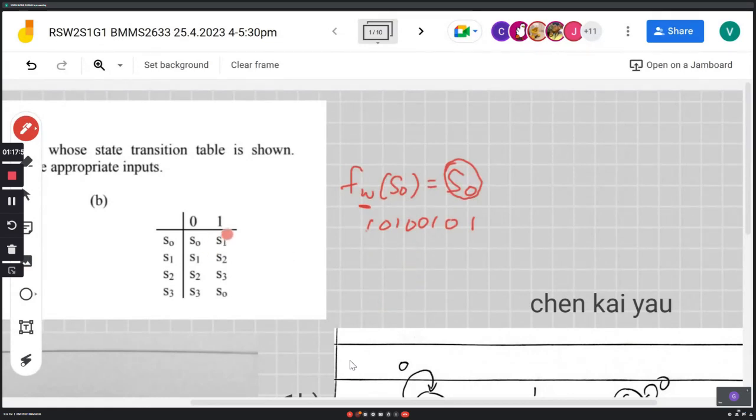You can try. As long as you have four 1s or a multiple of 4, adding 0s, you will always go back to S0. That is how we write the input string for the question.